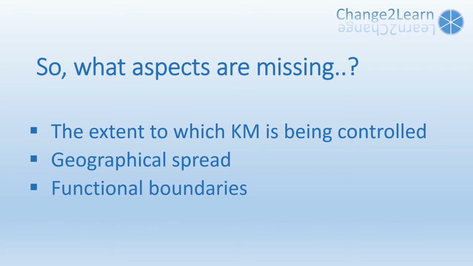Finally, there is an impact of functional and organizational boundaries on your knowledge management implementation. Next to the country cultural aspects, in a multinational company, also functional blood groups have their specific organizational and cultural characteristics. Also, these need to be taken into account.